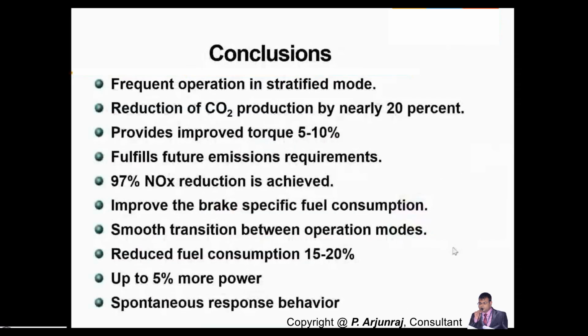So the conclusion here is I'm comparing the GDI and this MPFI, and we are eliminating the carburetor because of the other issues I highlighted. When I compare these two, the GDI is going to run frequently in stratified mode, where you are going to get the proper amount of air fuel mixture, and the advantage here is that CO2 production is also going to be reduced by 20%.